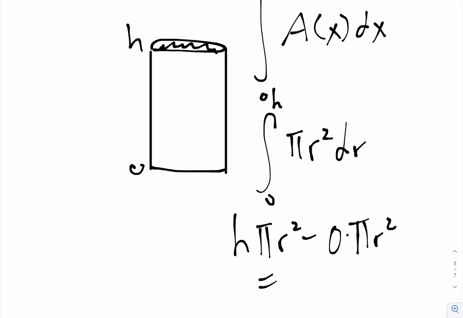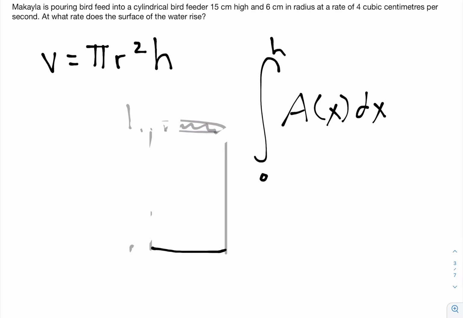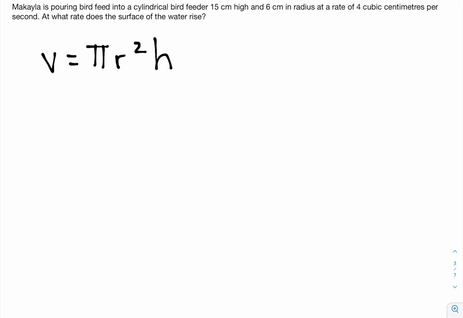So this would just be h pi r squared. So that's how, if you forget how to remember these formulas, you could always just derive the formula yourself if you know how to integrate things. But if not, you could just remember them.